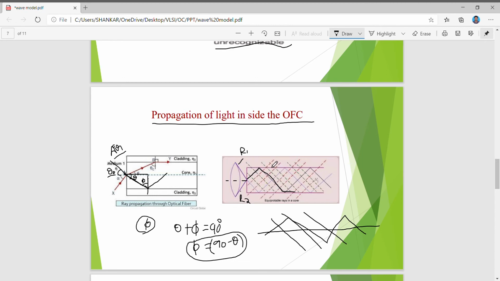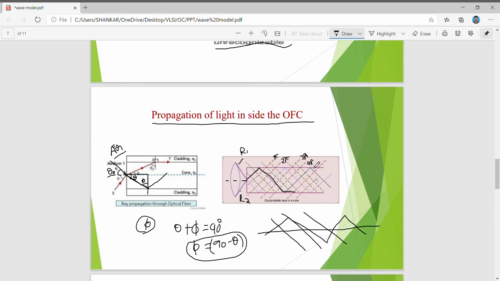Okay, so here this angle is 0 and this angle is pi, and this angle is 2 pi, assuming the angles are pi and 2 pi, and this angle is 3 pi, and this is 4 pi.